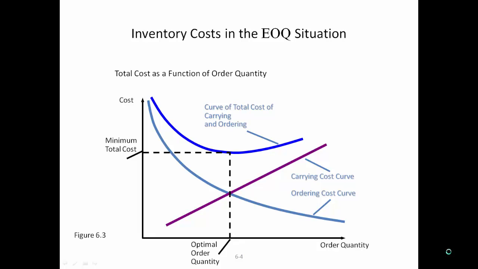And this is what the graph depicts here. When these two curves are equal, we call this the optimum order quantity. And at the optimum order quantity, we're going to have the minimum cost.